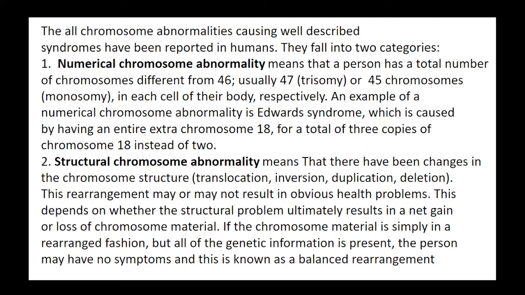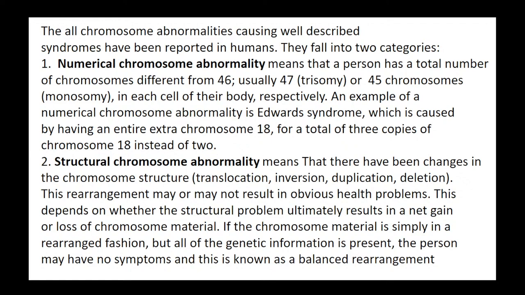More rarely, we can find 45 chromosomes. This is monosomy. The examples of trisomy in people are Down syndrome, Edwards syndrome, Patau syndrome, Klinefelter syndrome, trisomy X, and Jacob syndrome. The example of monosomy is Turner syndrome.